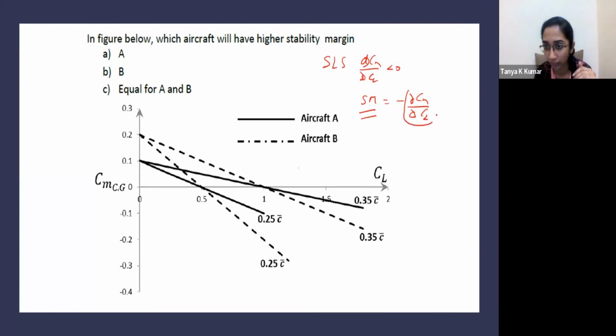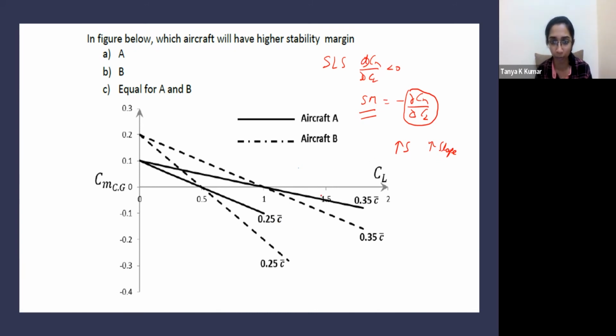The greater the magnitude of the slope, the greater is your stability. So the slope between Cm versus CL should be higher. More stability corresponds to more slope.